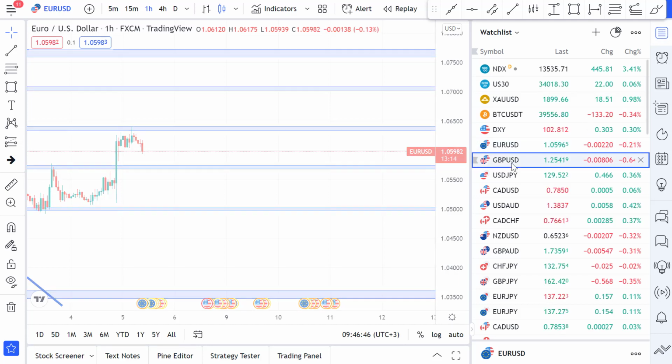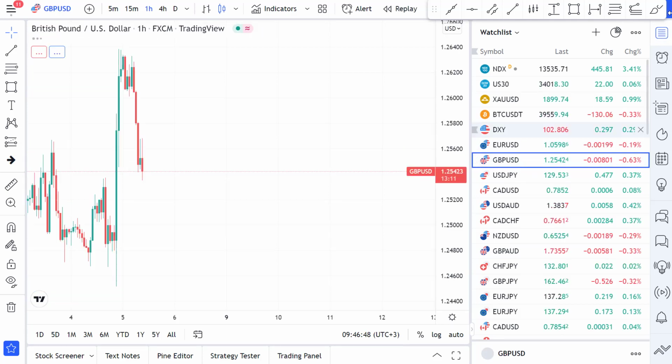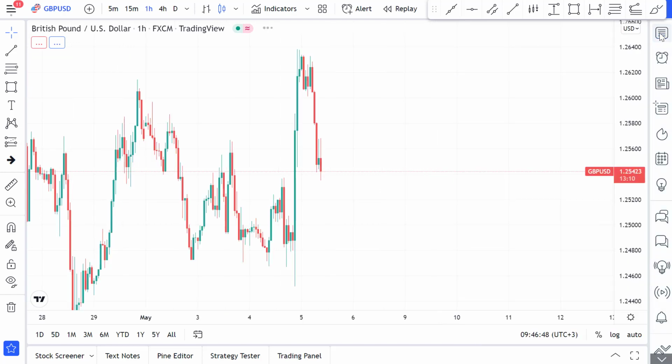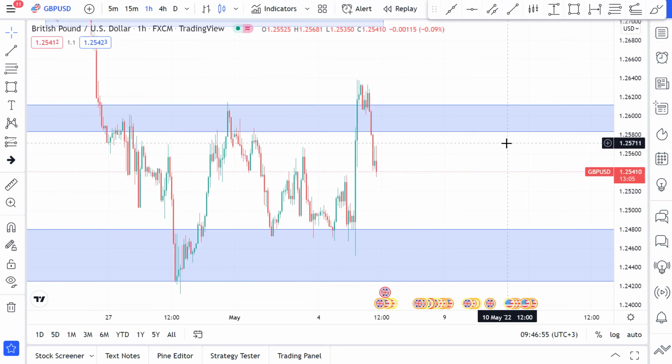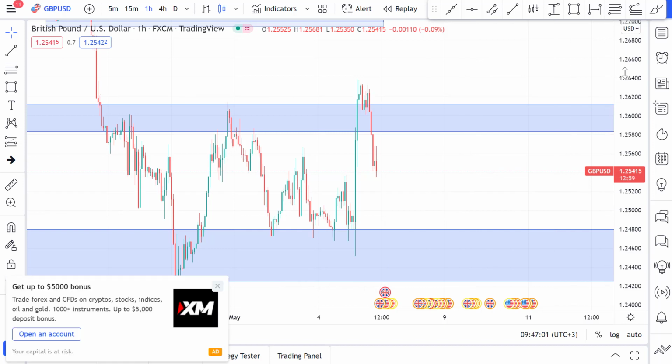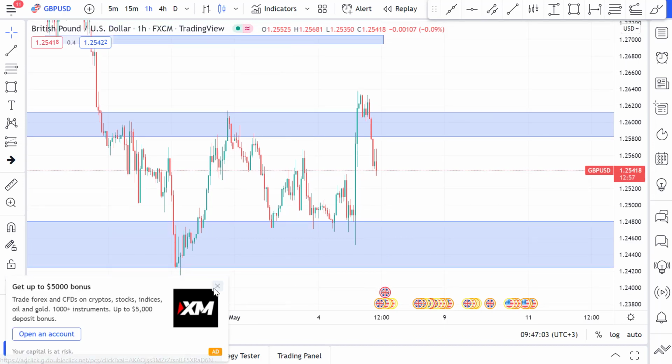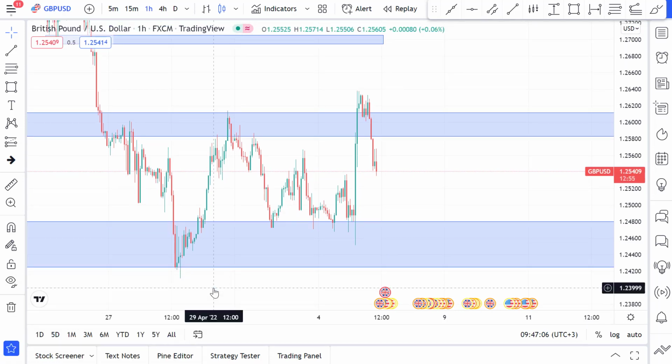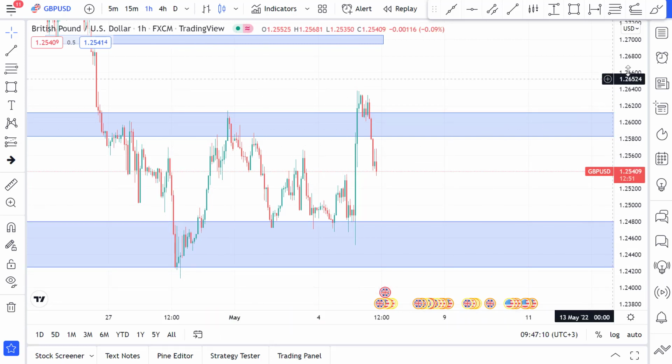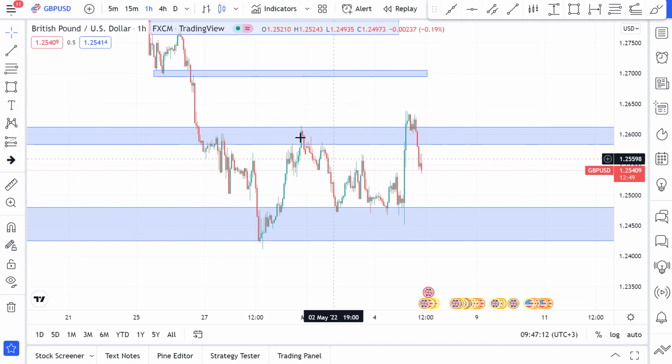Okay, about the Great British Pound, you can see the same situation happened, and I still think that for the pound we are in a trading range. Something like this happened last night. I told you that these two lines act strongly, and I guess we are still in a trading range.